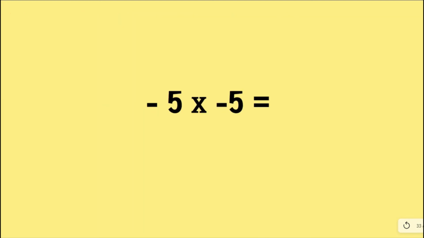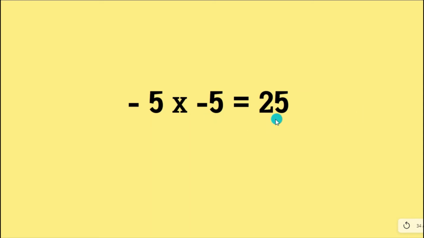Let's go to the other example. Now, this one has a negative sign before each number. So, as you can see, negative 5 times negative 5 equals, what do you think will be the answer? Is it negative or positive?